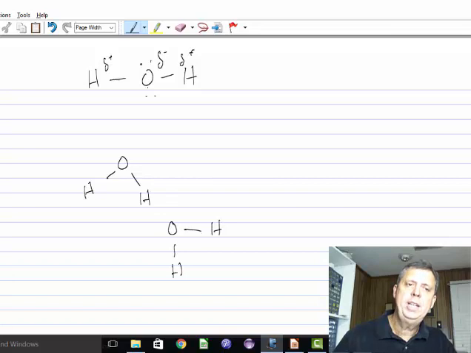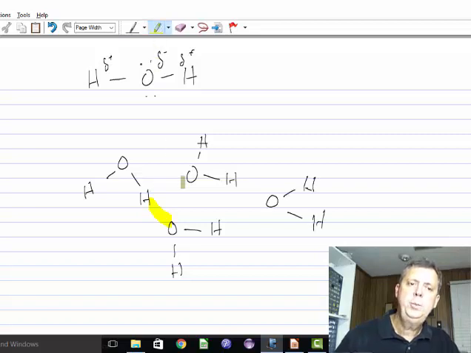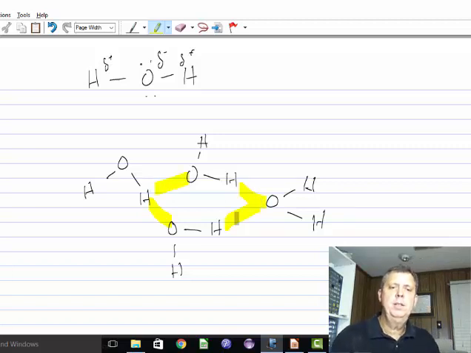You just flip around so you get this attraction between nearby water molecules. So you get attraction between any partial charges and any other nearby partial charges of the opposite sign. So water molecules are attracted to other water molecules.